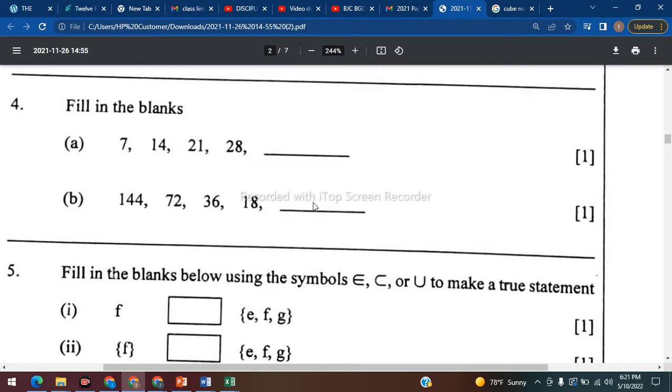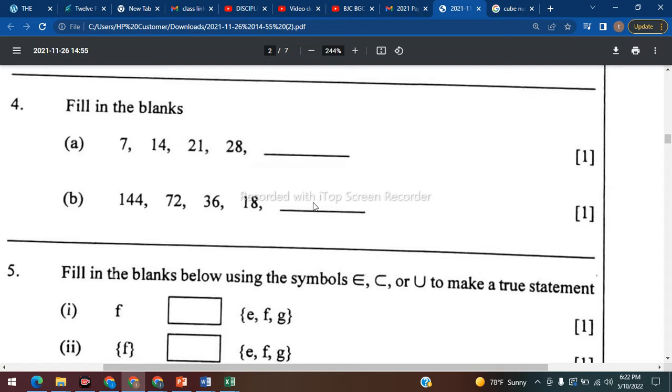Hold on. What did you do to get 9, from 144? I subtracted it by 9. Oh no. 36 minus 18. The number's inconsistent though.